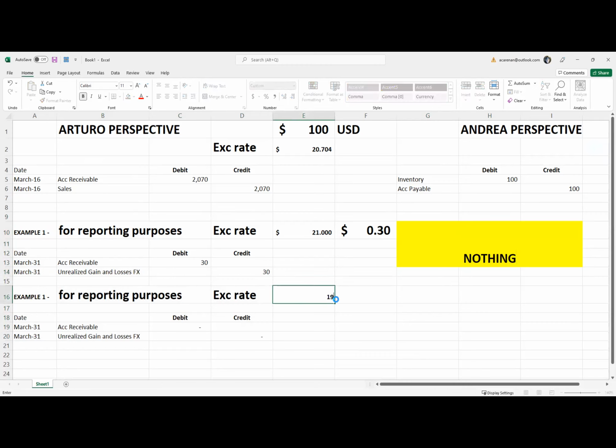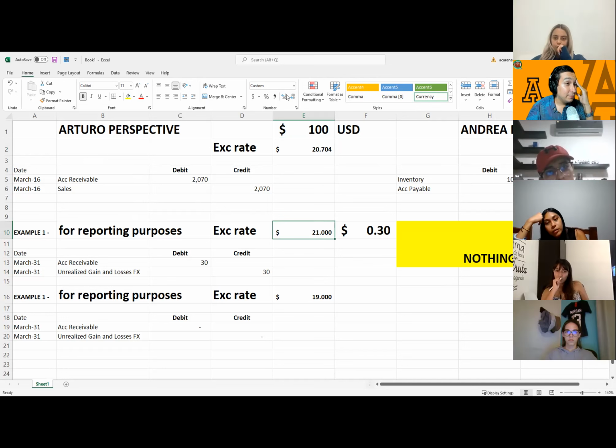What happens in this case? Who can explain to me the movement of the exchange rate from the initial one to the second, from the first example? What happened to the peso? To the Mexican peso? Appreciated?